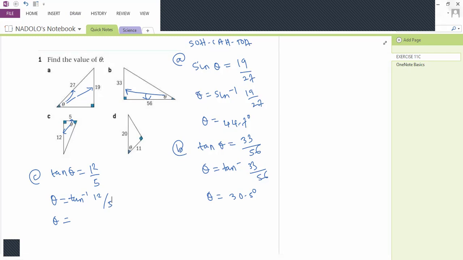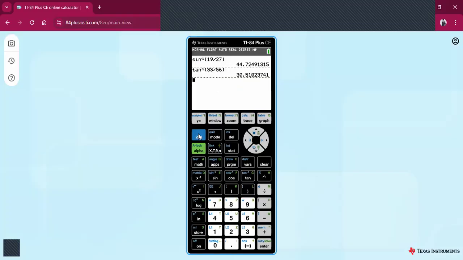Since this one is not a fraction from a special triangle, that's the reason why you're going to use your GDC to get those values. So we're going to do tan inverse. That is second tan 12 divided by 5.